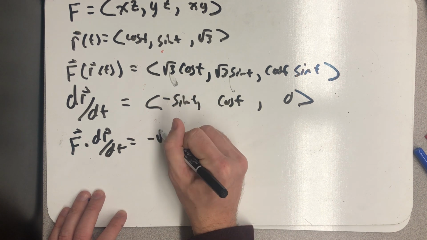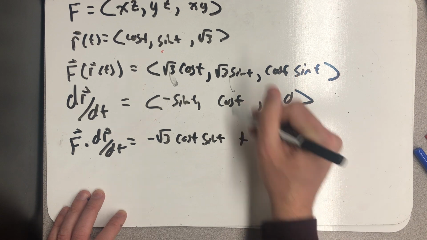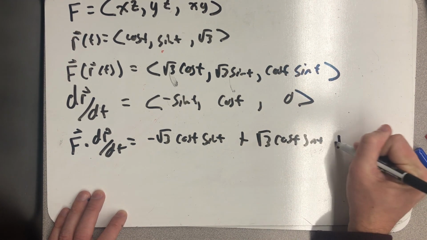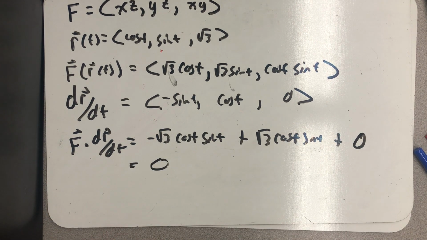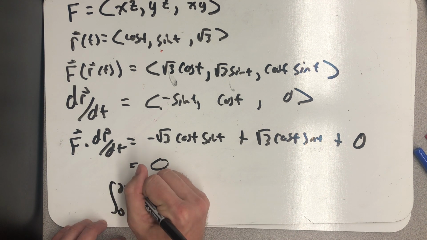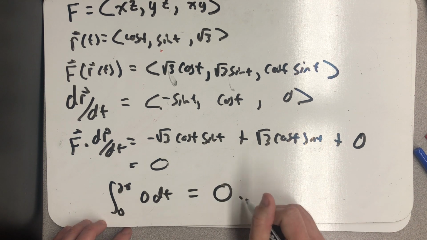So let's see, I have minus root 3 cosine t sine t plus positive root 3 cosine t sine t plus 0 is, well, that is 0. And so my path integral is just the integral from 0 to 2 pi of 0 dt, which is 0.